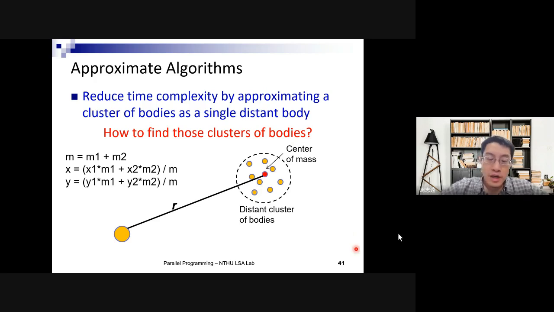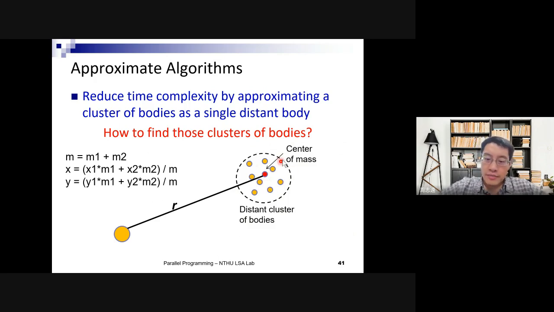Okay. So the approximation algorithm we introduce here is based on the concept of approximating the force among those objects by clustering the objects that are in a near location into just one virtual object. The idea is that the strength of the force depends on the distance, right?